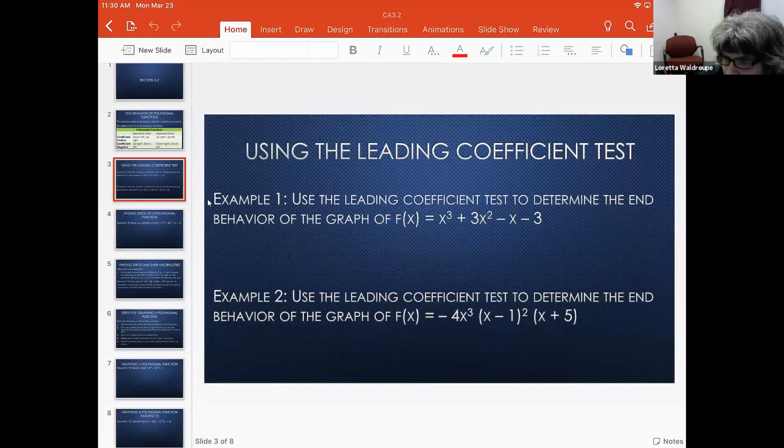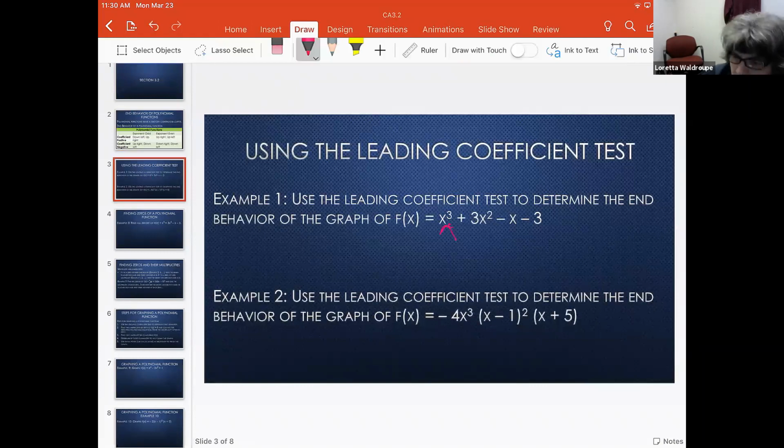Okay, what's my highest power? 3, right? What's the coefficient of that? Right? So look at the table. Positive and odd.